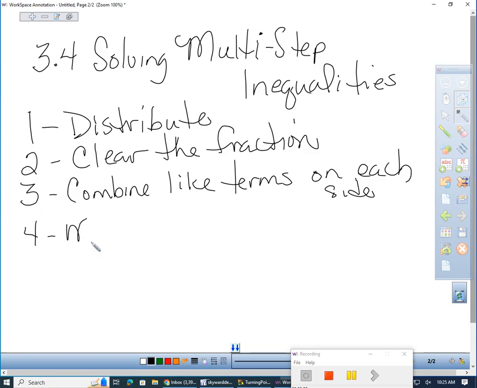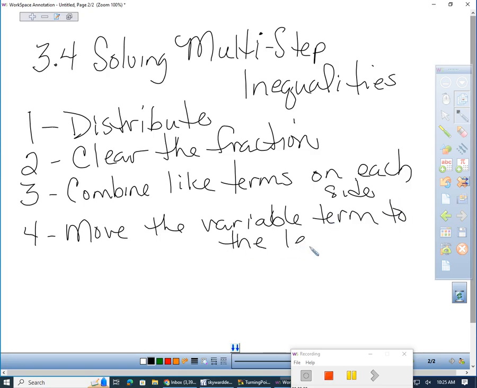It has to be on the left. So move the variable term to the left. We're going to move our number to the right. The number or the constant.